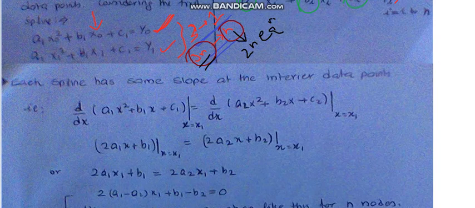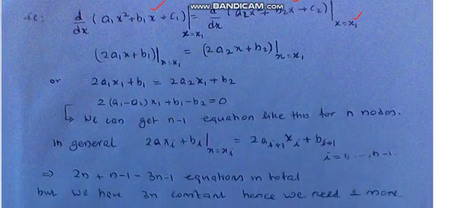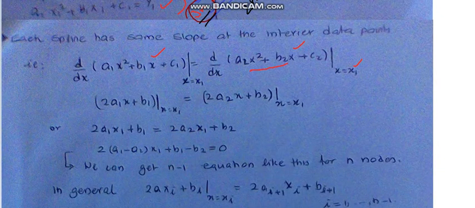So in the first spline we have this equation, that is s1. For s1 we have a1x square plus b1x plus c1, and in the second spline we have a2x square plus b2x plus c2, and both at x equal to x1. So this is the general expression.